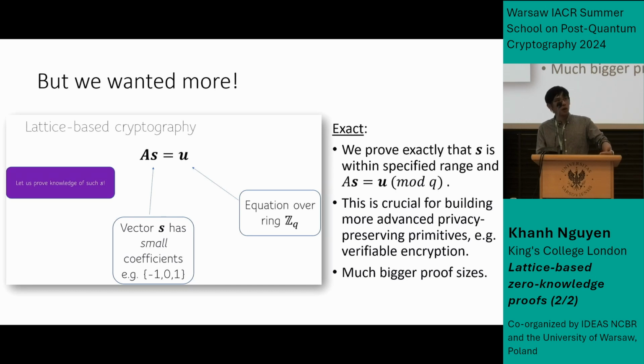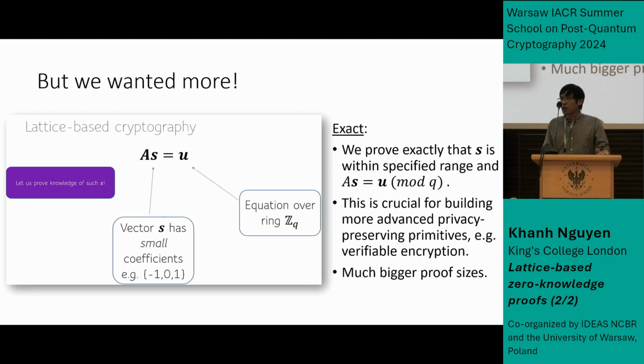So we really want to prove that S lies within some specified range, and AS is indeed equal to U, mod Q, not C times U. Okay? And this is really crucial if you want to build more advanced privacy-preserving primitives, like if you want to encrypt something and we want to prove that this encryption has been done correctly. Okay?